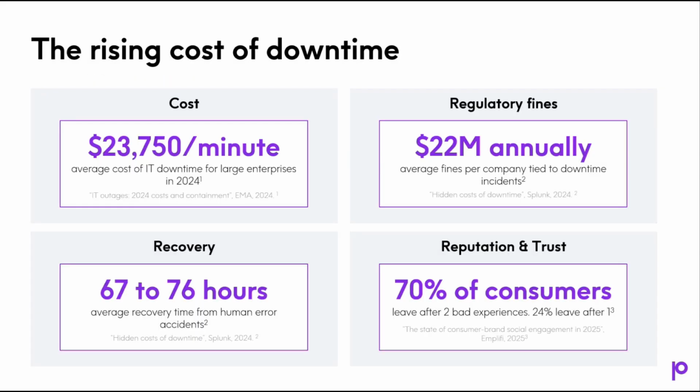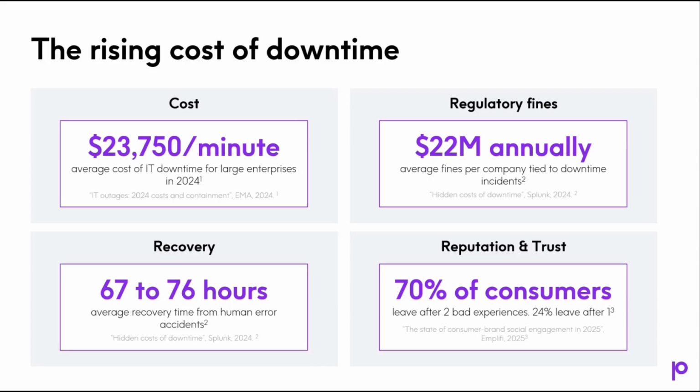The reason this matters so much now is that the cost of downtime has gone up very significantly. What used to be viewed as an operational inconvenience is now a much bigger business issue. The financial impact is real, as we're seeing around $24,000 a minute as the average cost of IT downtime for enterprises. That's significant. The recovery burden is real.